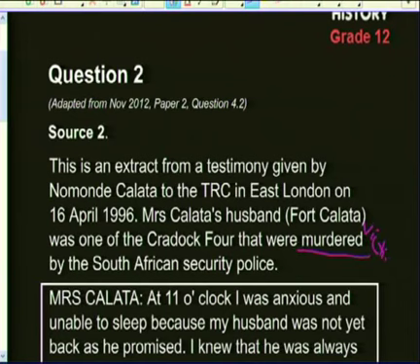Remember, we did say that the TRC was about giving an opportunity to both the perpetrators and the victims to come forward and tell the truth about South Africa's past. Now, I'm not going to read the entire source, but what I'd like you to take note of in this source is that Mrs. Qalata did not know what happened to her husband.